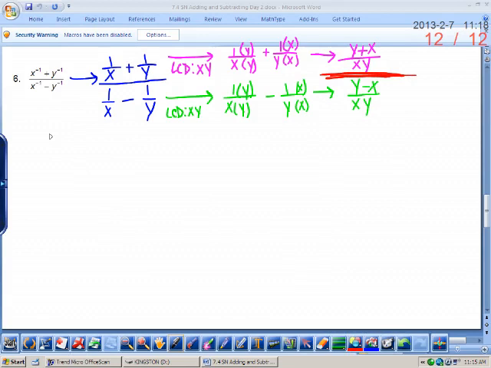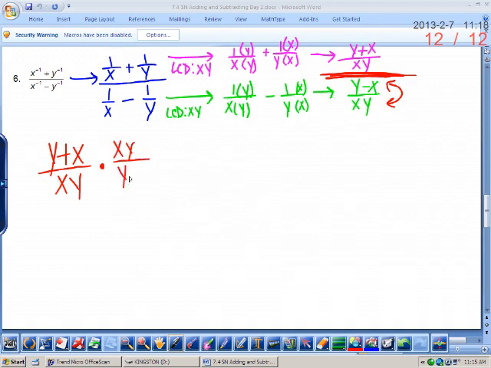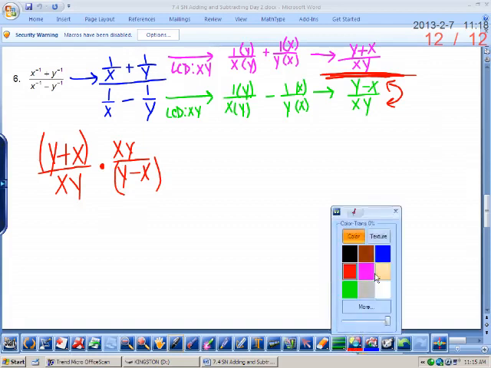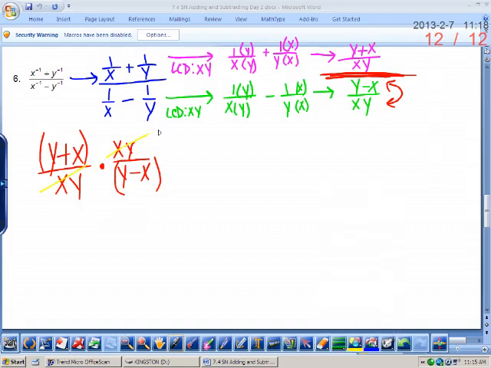So you keep your first fraction, change division to multiplication, and flip your second fraction. Okay, I would add in parentheses around any of your factors that are being added or subtracted because you want to make sure you force yourself to remember that those are attached. Okay, can anything cancel? Good, and what are we left with?